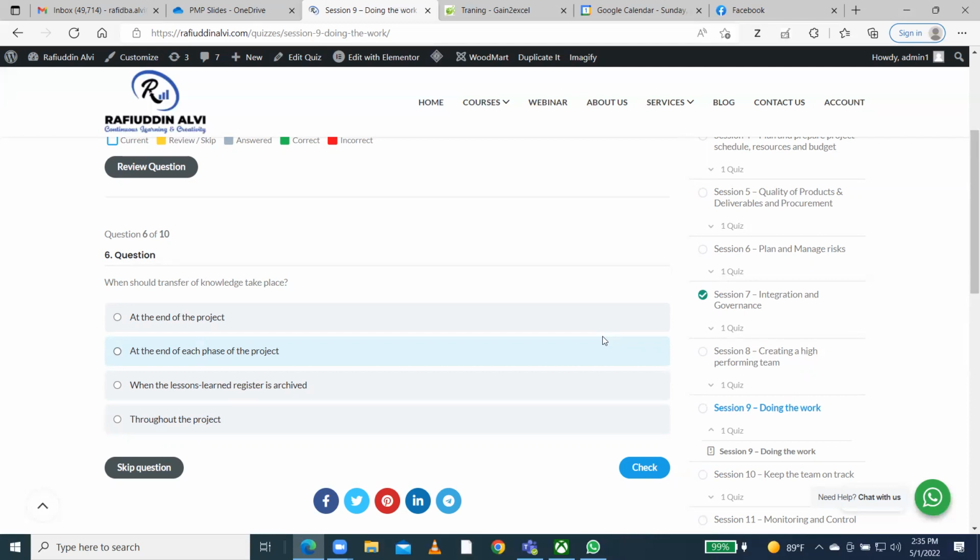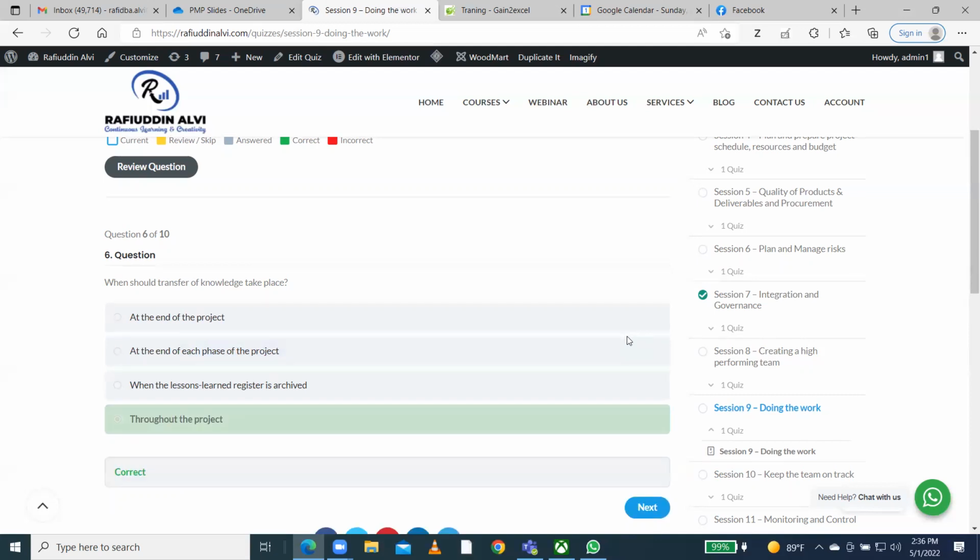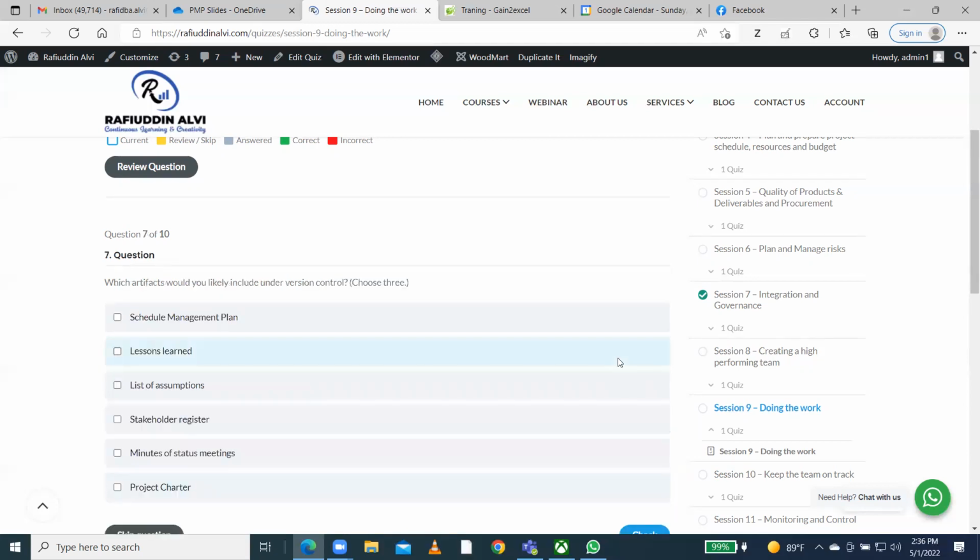Like this, you need to use your logic and experience while answering the questions. Literally it is usually at each phase end, but logically, transfer of knowledge takes place in all the phases, throughout the project. This is a little tricky.